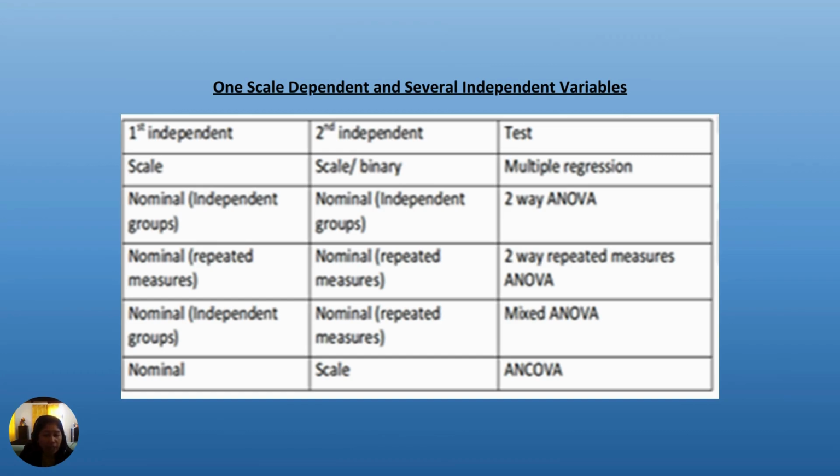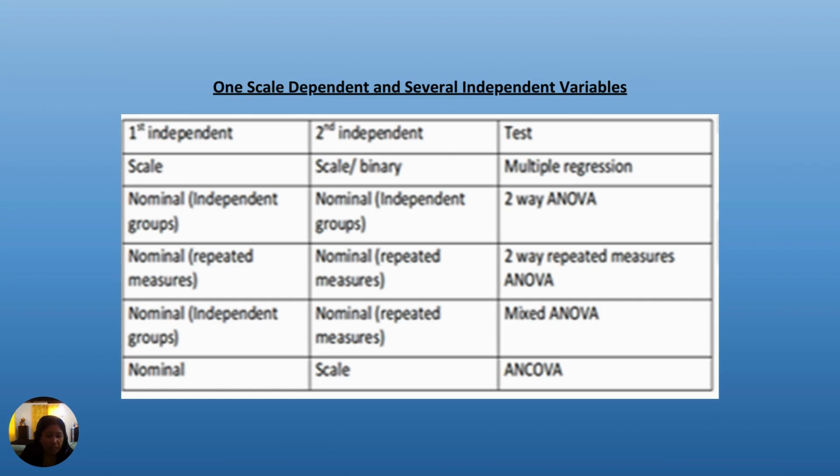Now, kung nominal naman yung first independent variable ninyo, and nominal din yung second independent variable, then we use two-way ANOVA. If the first independent variable is nominal, such as in repeated measures, and nominal din sa second independent variable, repeated measures again, then we use two-way repeated measures ANOVA.